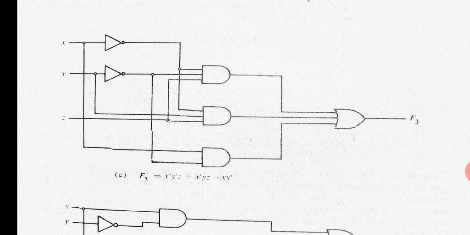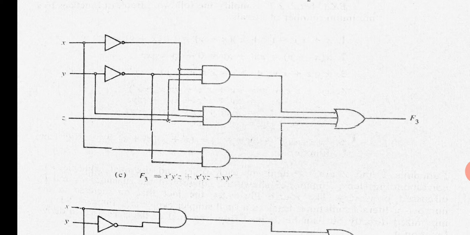If the part requires only the X value, then you have to extend the line before the NOT gate. But if for some parts you need the X dash value, the inverted value, then after the NOT gate you have to bring down the lines, and you have to bring them down in the same fashion. You have to put one small circle, and from there only you have to bring it, because ultimately these are circuits.